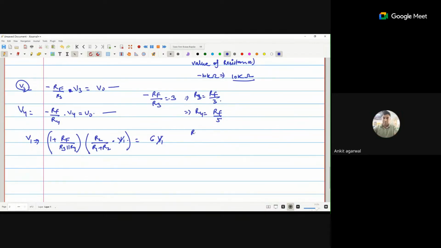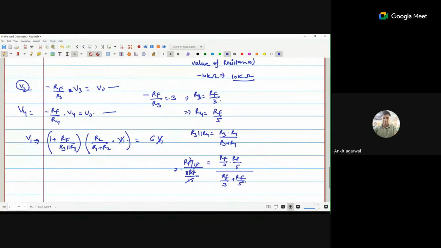So R3 parallel with R4 is equal to R3 into R4 upon R3 plus R4. If I calculate this, RF by 3 into RF by 5, divided by RF by 3 plus RF by 5, that is RF squared upon 15 divided by 8RF by 15.